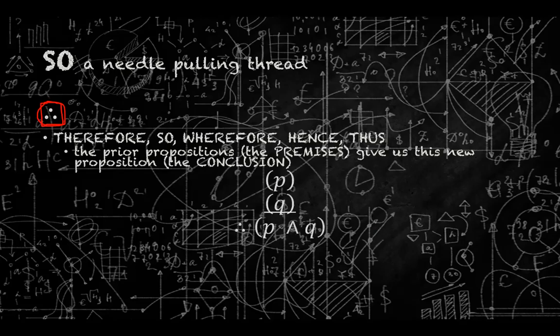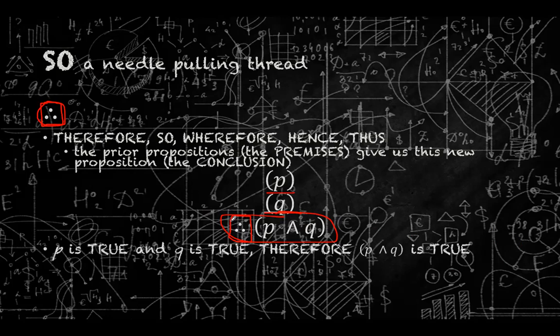And we set this up like a math problem, right? So we'd say, okay, P on one line, we say P is true, Q is true, therefore P and Q, right? So this operates a lot like our equal sign, kind of just our conclusion, right?